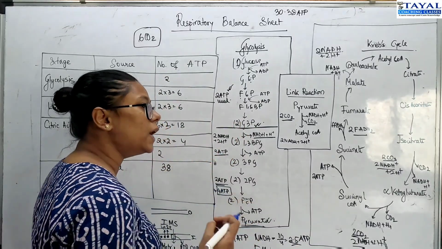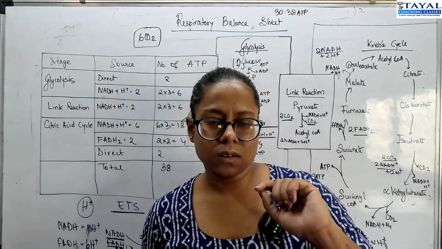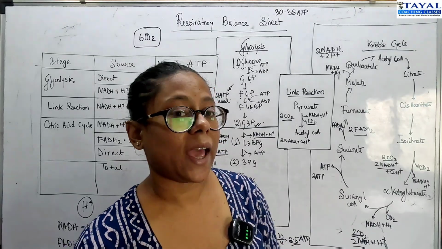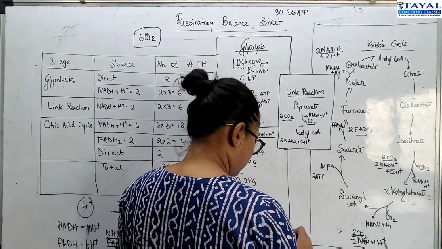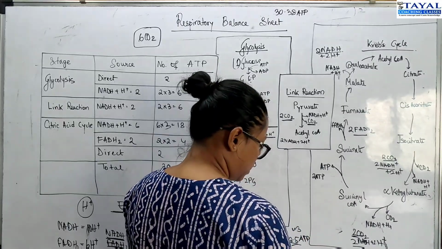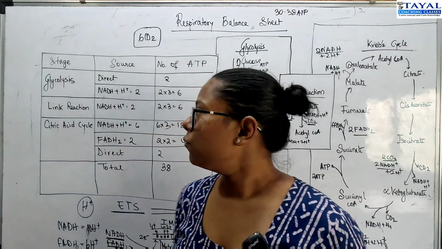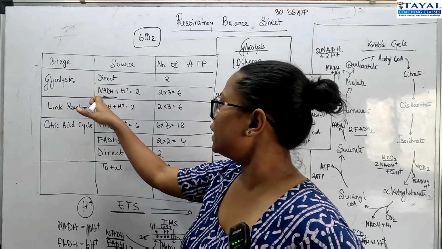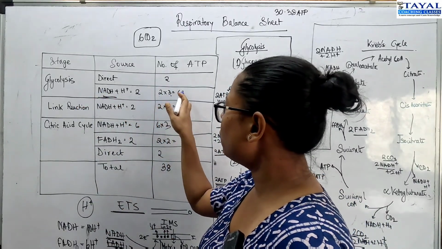Now because it is quite confusing to work with these fractions, therefore we take the higher limit. So for 2.5 we'll consider it to be 3, for 1.5 we'll consider it to be 2. Therefore then, for all the NADH that is generated, you will multiply the number by 3 to get the total amount of ATP.